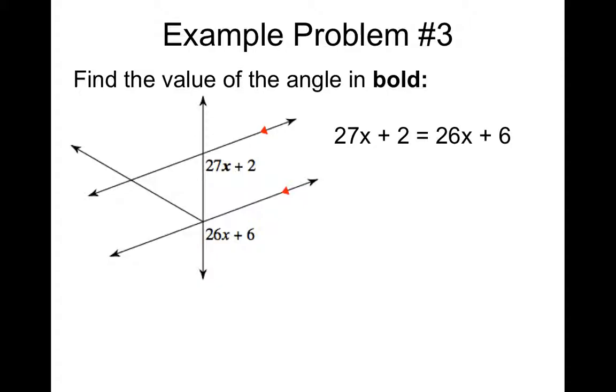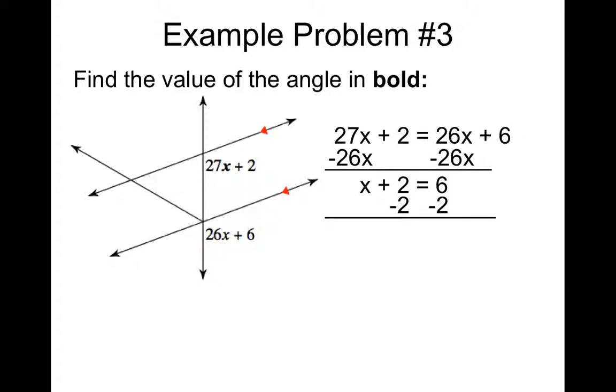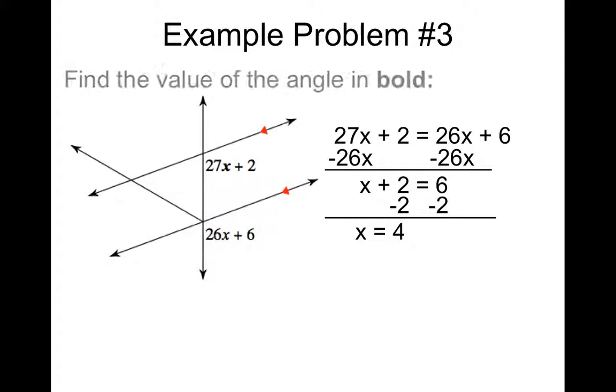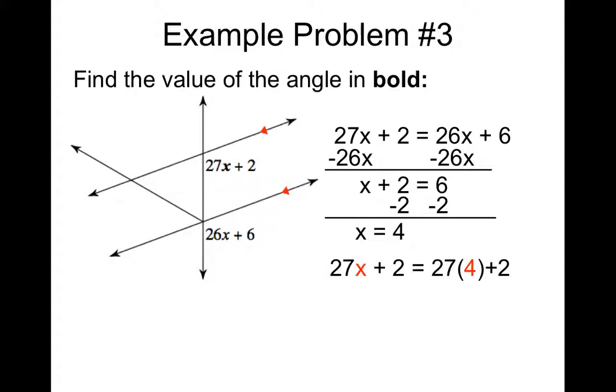So 27x plus 2 equals 26x plus 6. To solve for x, if I subtract 26x from both sides, I end up with x plus 2 equals 6. Subtract 2 from both sides, and I end up with x equals 4. But again, the problem is not asking me for x, it's asking me to find the value of the angle in bold, which is 27x plus 2.